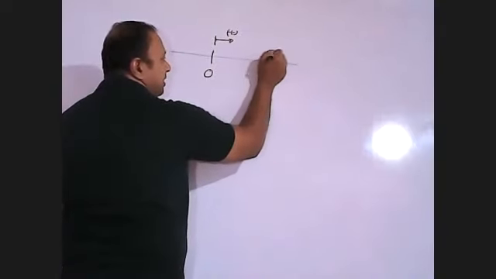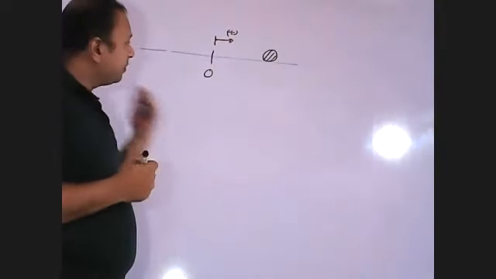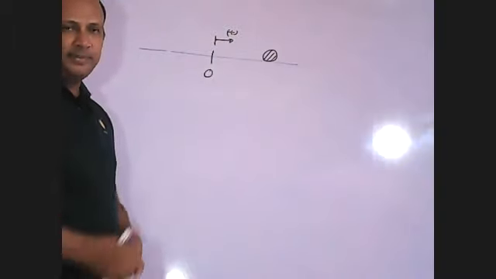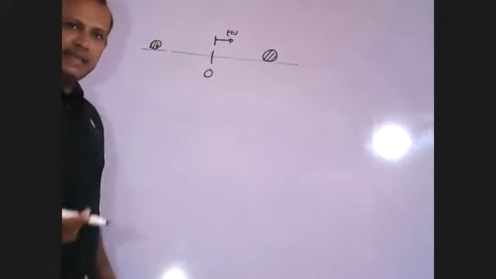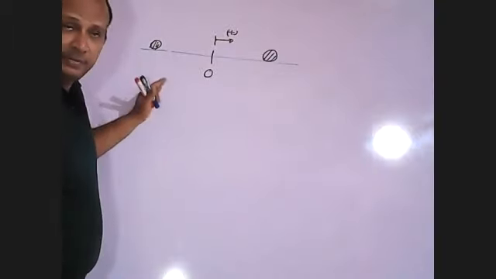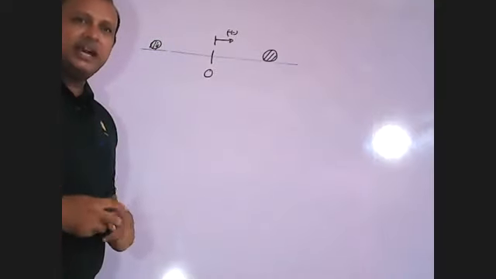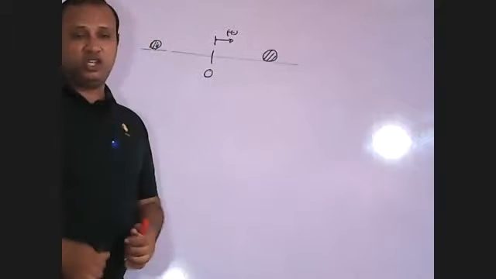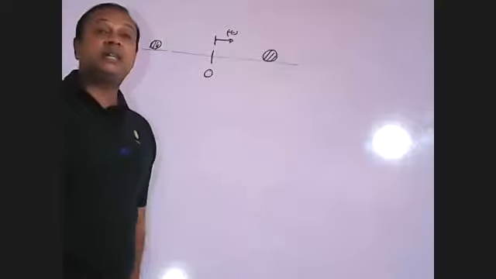Suppose this object is on this side, then we can say this object is on the positive side. If this object is on this side, then we can say the object is on the negative side. That is the definition of the current position. Current position means the current location with respect to the origin, with respect to the starting point.